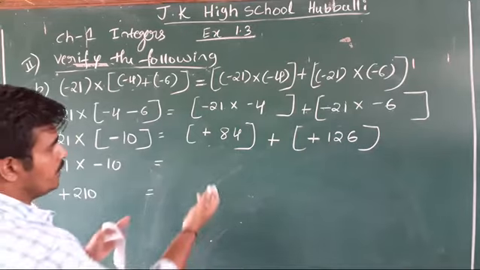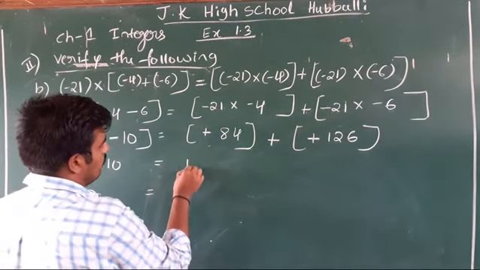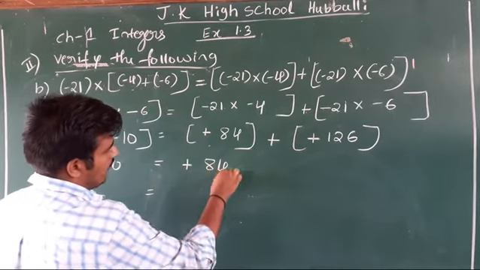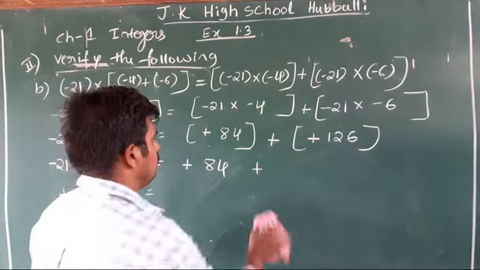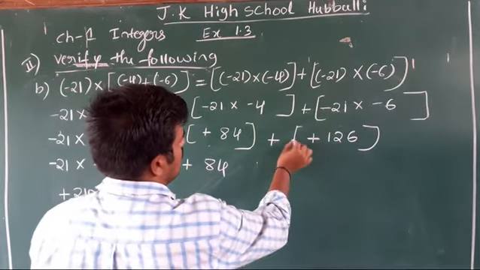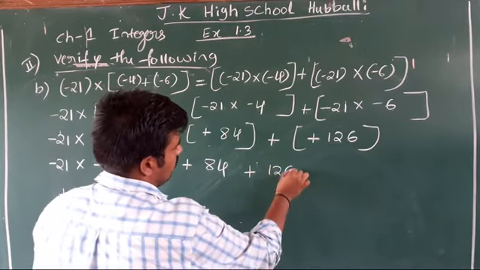Now open the brackets, because inside a single answer is there. Plus into plus, plus 84 came outside. This plus as it is, and plus into plus, plus 126 will come outside.